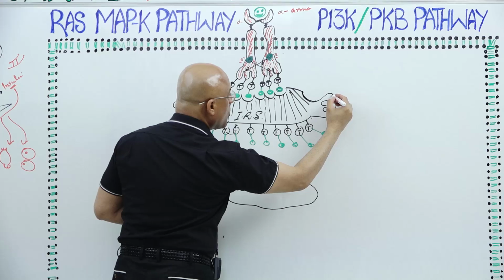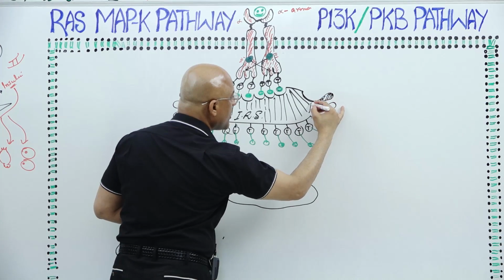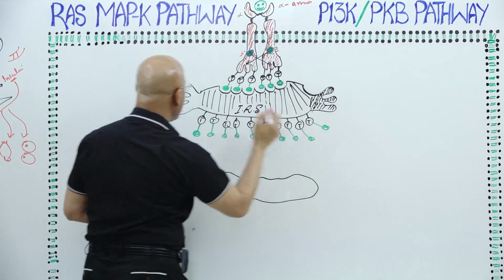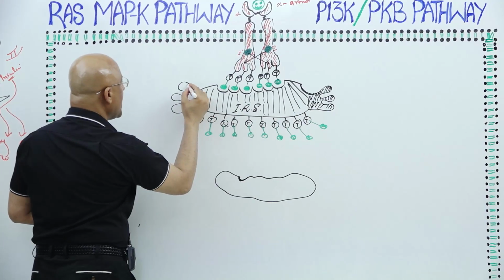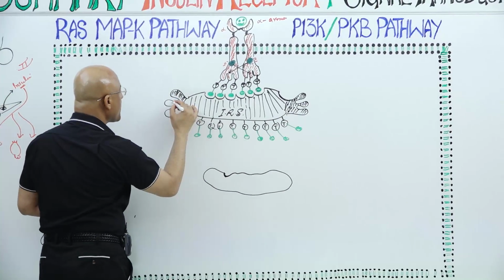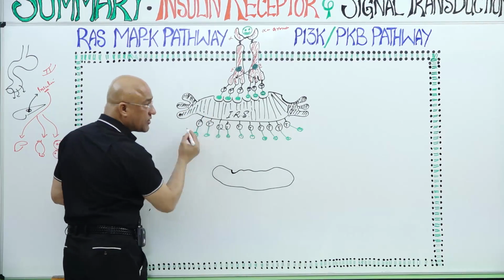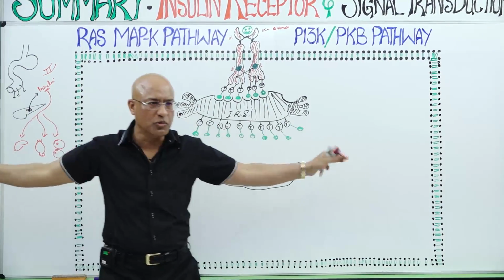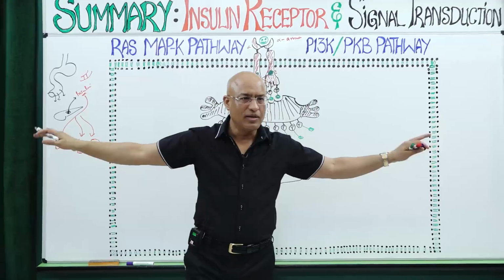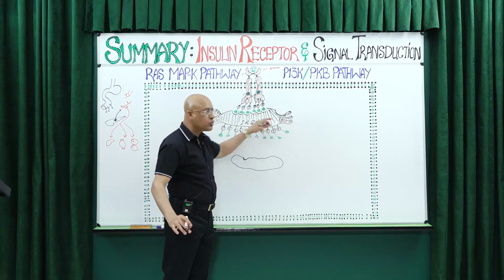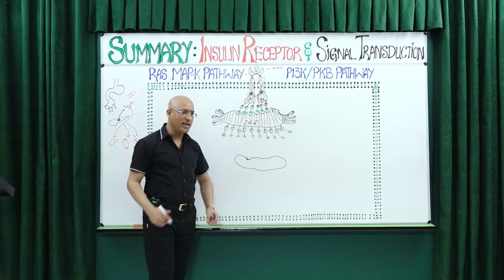It means once IRS is phosphorylated by the activated insulin receptor, IRS undergoes a conformational change and exposes two domains, two hands. This dance floor has made two extensions, right?